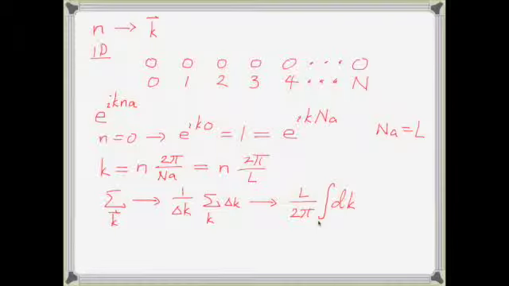But in reality, we always are going to have something in front of our sum, like a 1 over L. And so that becomes the integral dk over 2 pi of whatever you're integrating or summing.